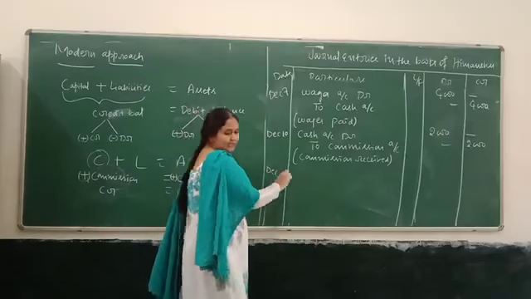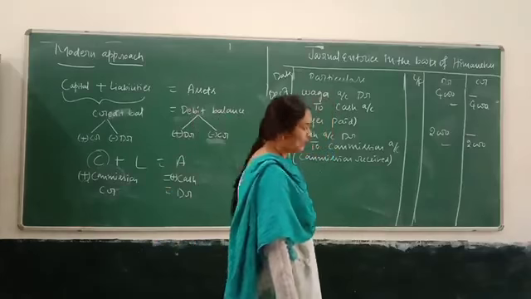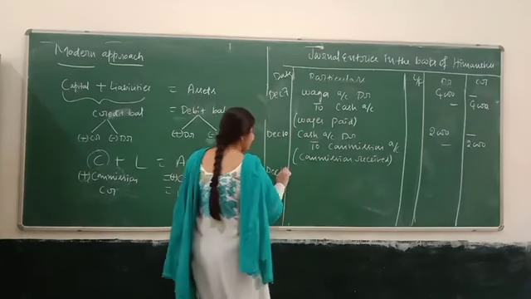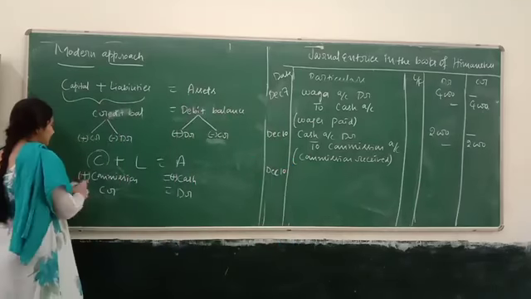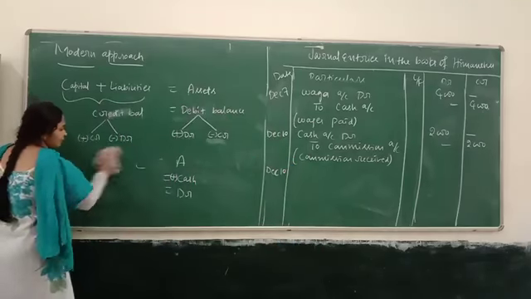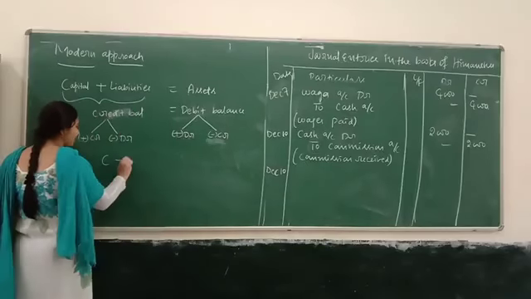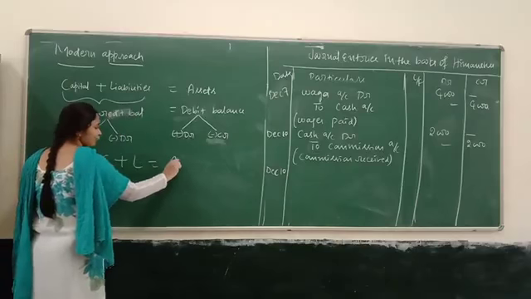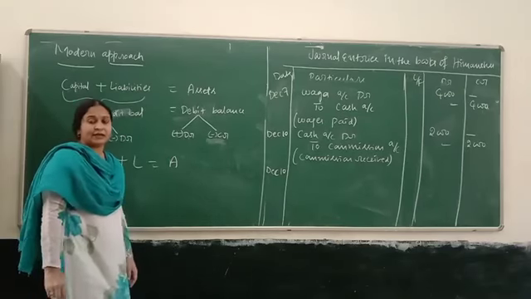Next transaction is December 10th. Paid salary. What is the transaction? Paid salary. So due to this transaction, capital plus liabilities is equal to assets. The business had paid salary.